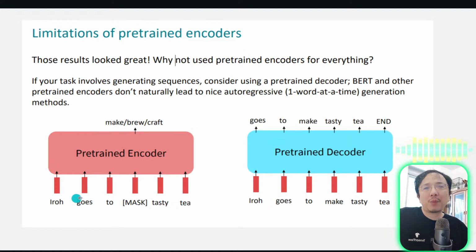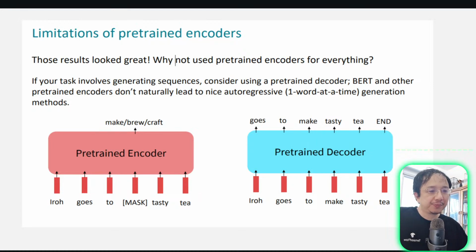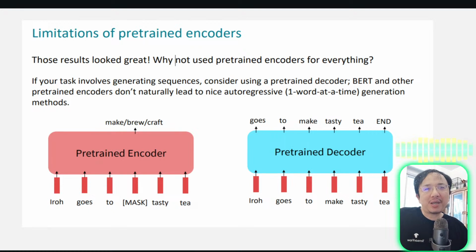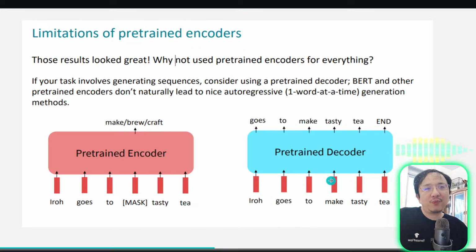Another approach might be to put all three as masks but predict them one by one. In this case, it consumes more computational power. And it may not be easy because in training, the model doesn't see that many masks in the training dataset.